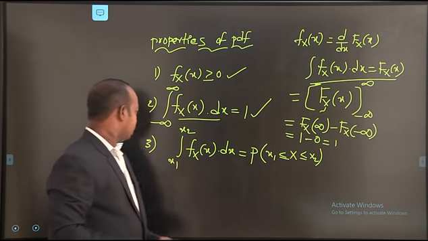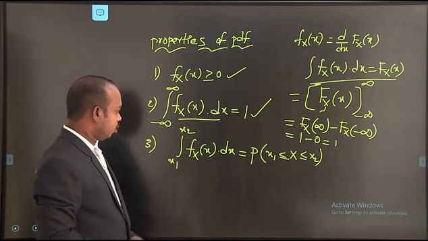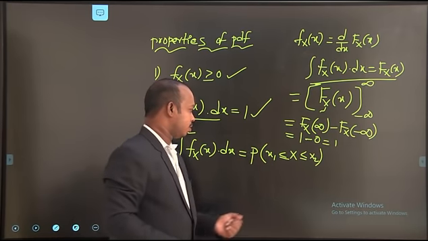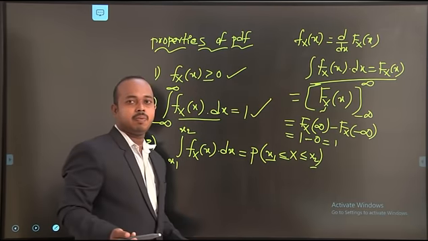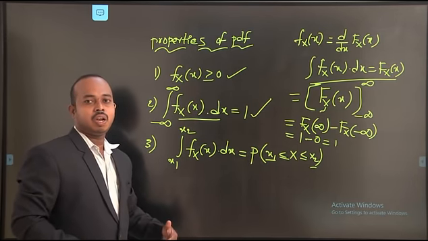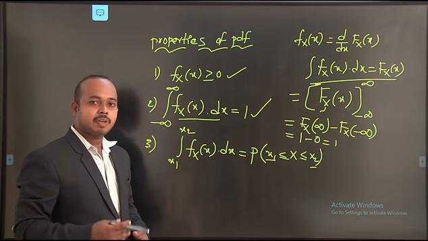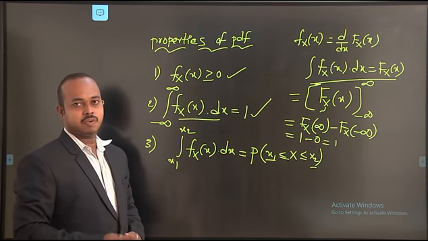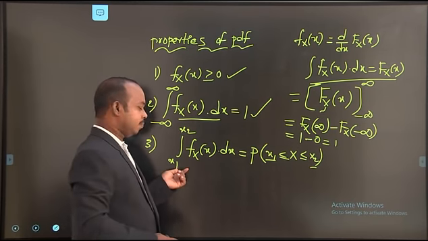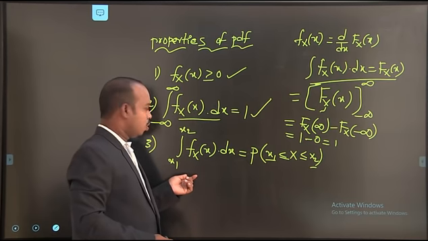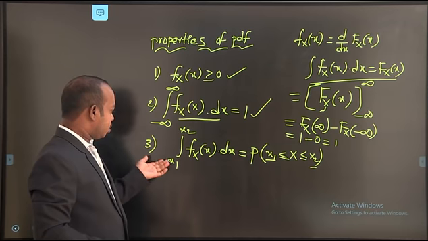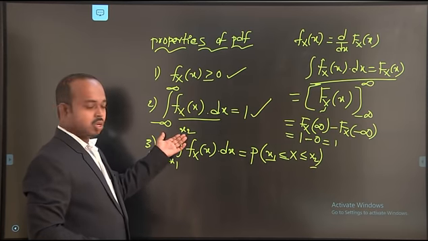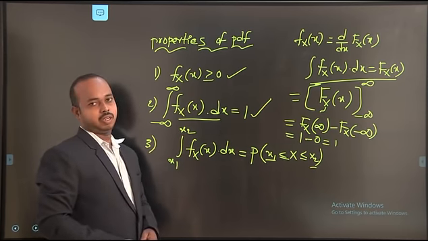Coming to the third one. What is the third one? Here you can consider two limits, the lower limit and the higher limit. A random variable is lying between the lower limit and the higher limit. We can represent it in terms of its density function: the limits are x1 to x2 of fx of x into dx.